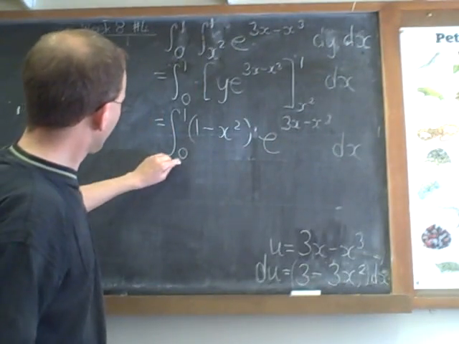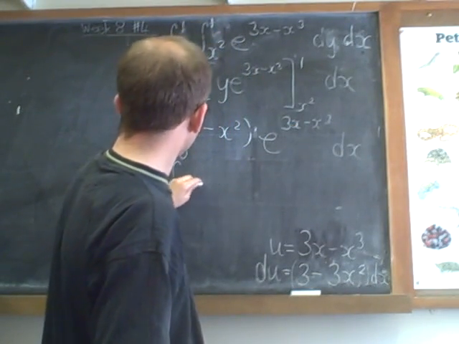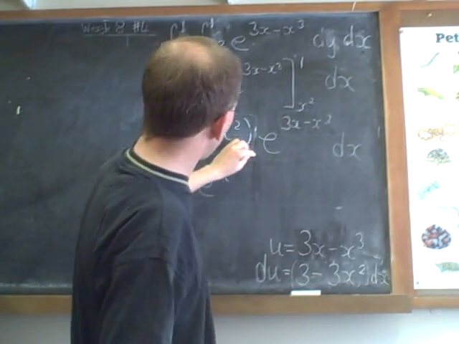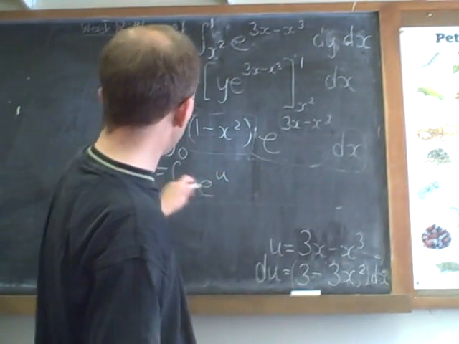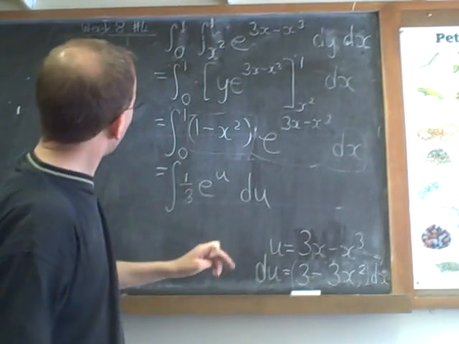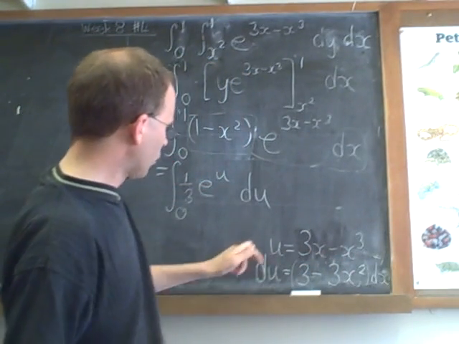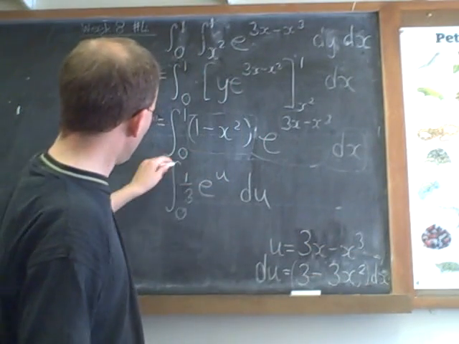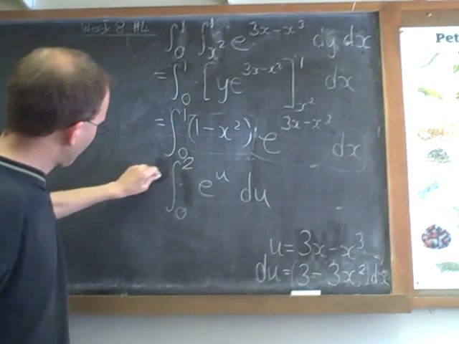And so what we've got here is e to the u. Now this whole 1 minus x squared dx is a third of du. And now when x is 0, u is 0, and when x is 1, u is 2. So, all in all, we've got a third of the integral.